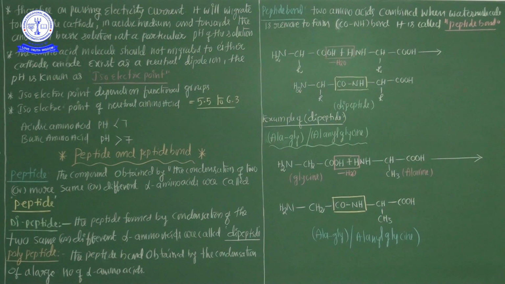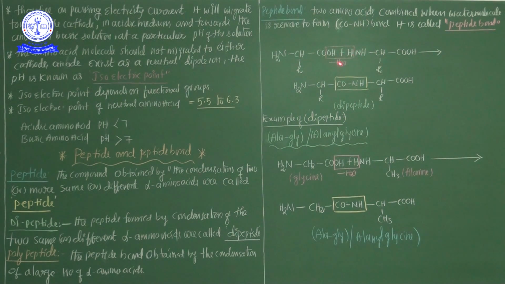Now see the best example. This is one amino acid, NH2, CHR, COOH, and this is one more amino acid, COOH, CHR, NH2. From the carboxylic acid of the first amino acid and the amine group of the second, a water molecule is eliminated: OH from COOH and H from NH2.